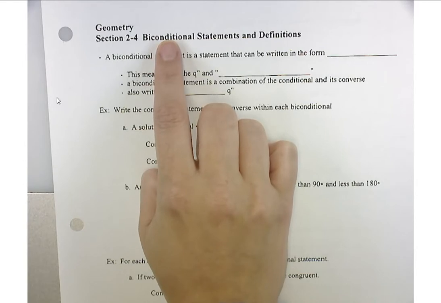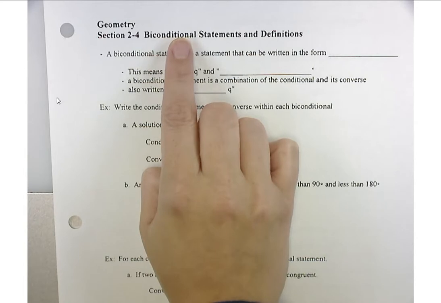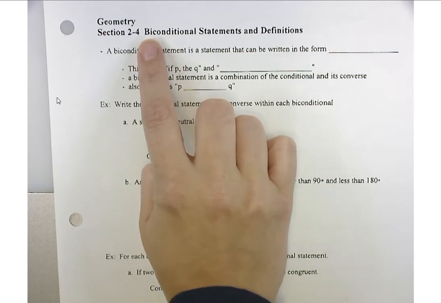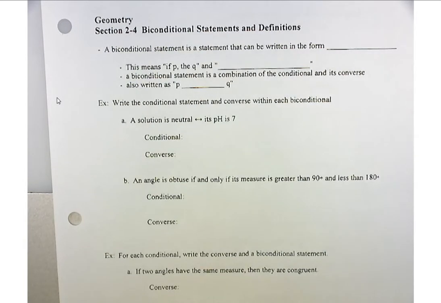Do we remember what a conditional statement is? It's if-then. Yeah, it's an if-then statement, right? If P, then Q. And then the bi is the prefix, and bi means two. So basically what this is, it's two conditional statements put together. And there is a special way that we put them together.